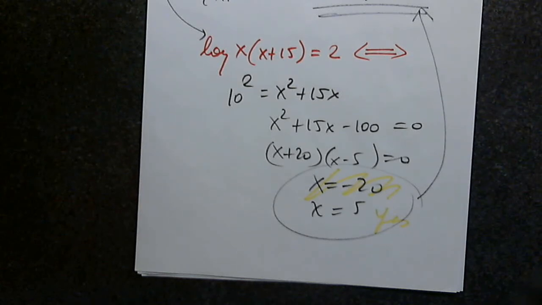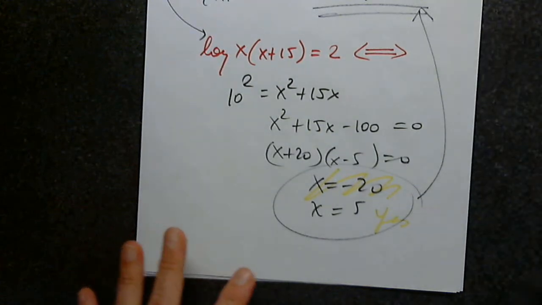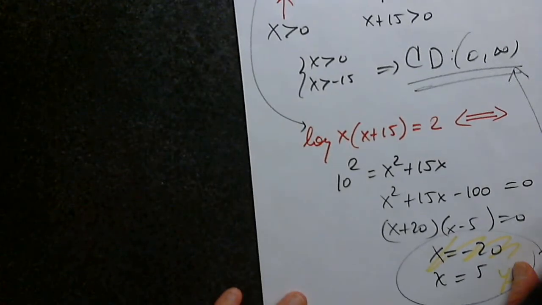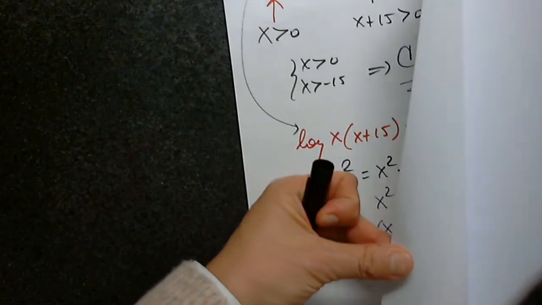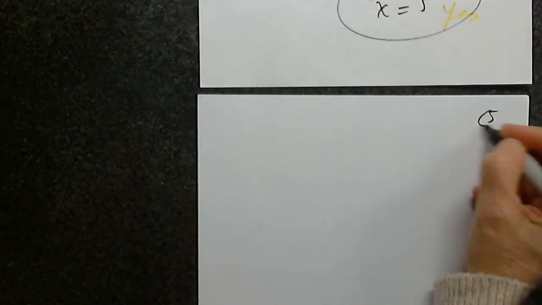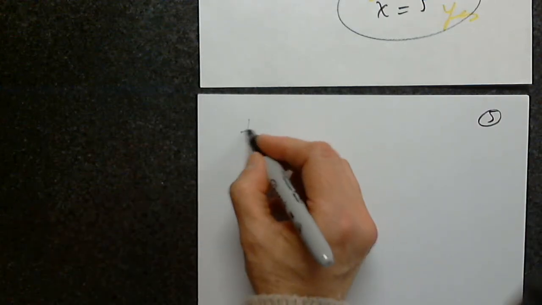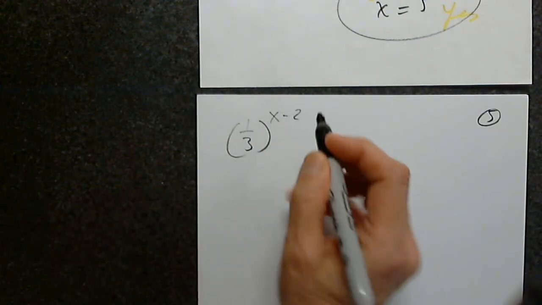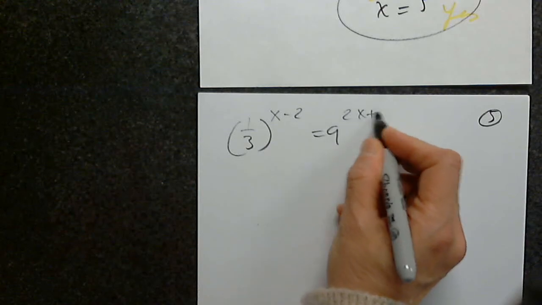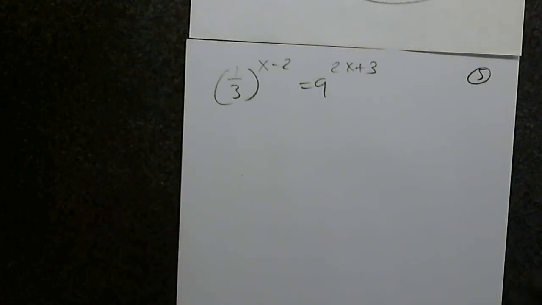Good. Next question. B. Very good. One third raised to x minus 2 equals 9 raised to 2x plus 3. Very good. What type of equation is this? Very good. It's an exponential equation.